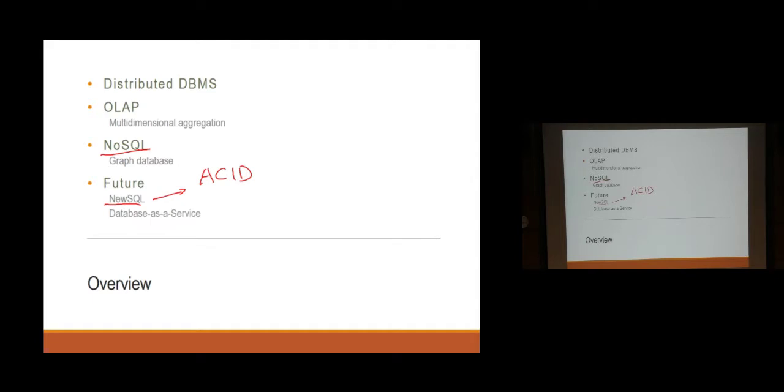Okay? There are a lot of NoSQL databases. We will look at one of them, which is the graph database. Okay? The graph database actually looks at data in the form of a graph, and the graph itself actually looks like your ER diagram. Okay? So it's kind of like an instantiation of an ER diagram.